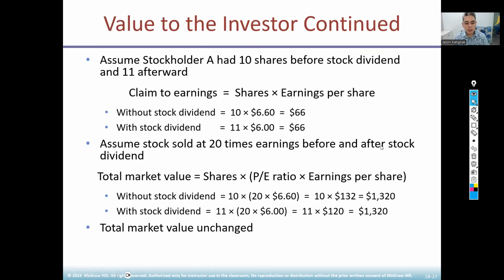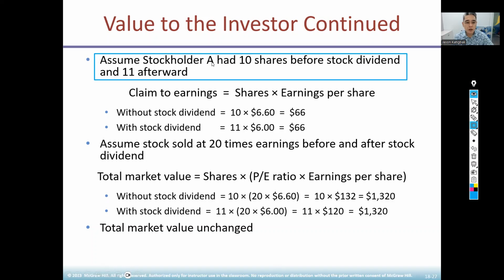Now, what about the market value? Did the market value change? We talked about a while ago, there is a reallocation, right? Same total equity reallocated to retained earnings. So let's go through a different example. Assume that stockholder A has 10 shares before the stock dividend with a 10% increase.